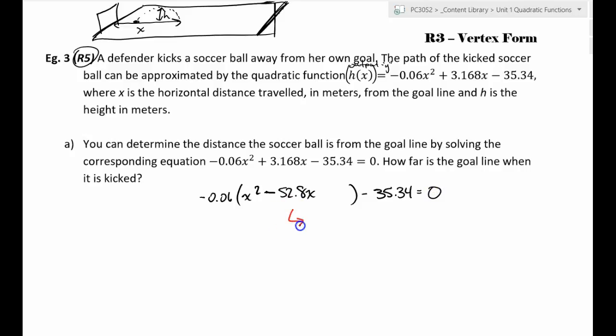Again, I want to take half of this, so divided by 2 would be negative 26.4, and square that, which gives me 696.96.